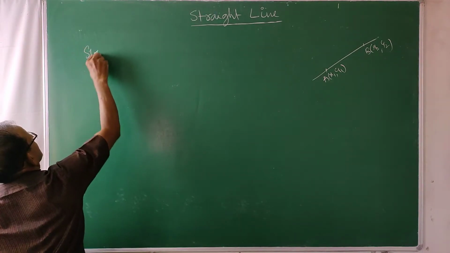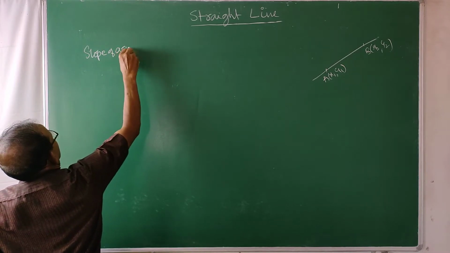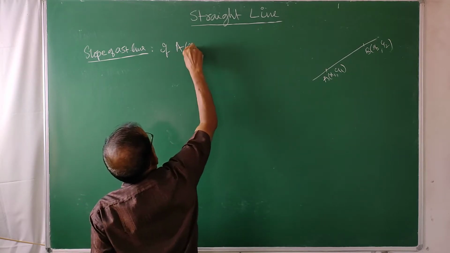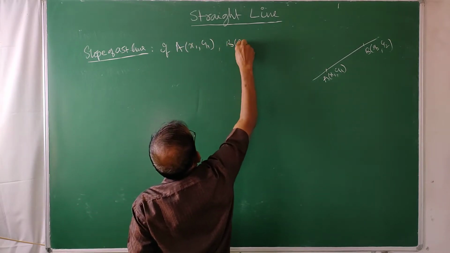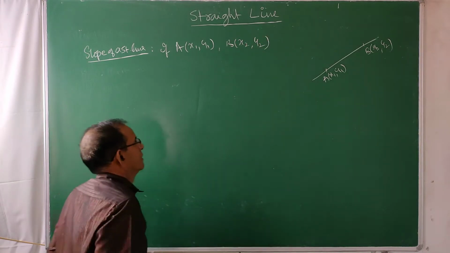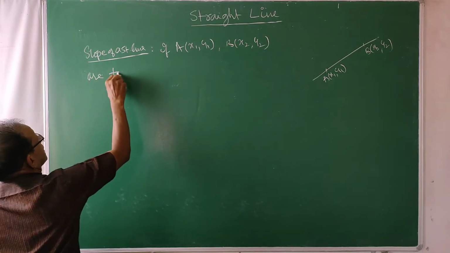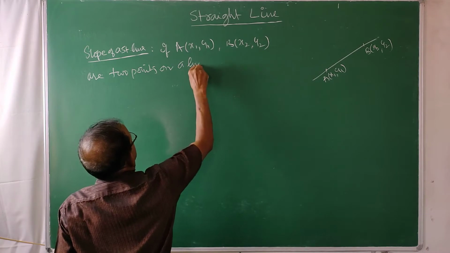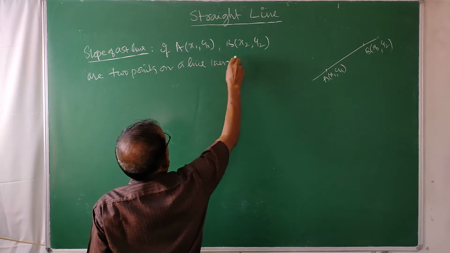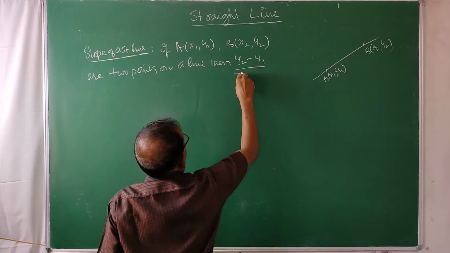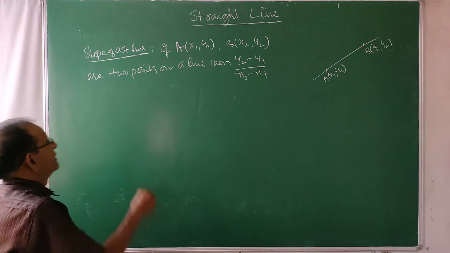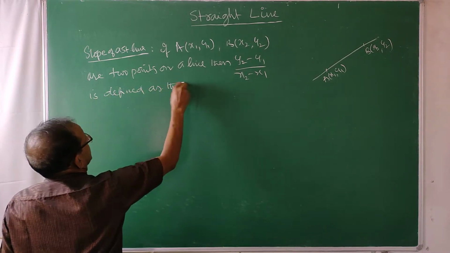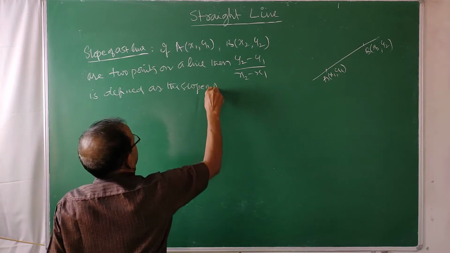Slope of a straight line. If A (x1, y1) and B (x2, y2) are two points on a line, then (y2 minus y1) by (x2 minus x1) is defined as the slope of AB.